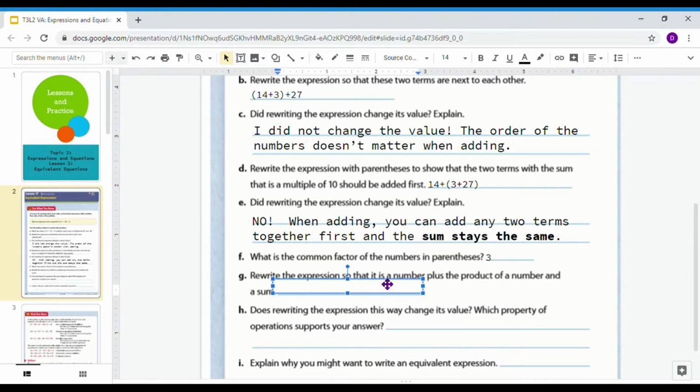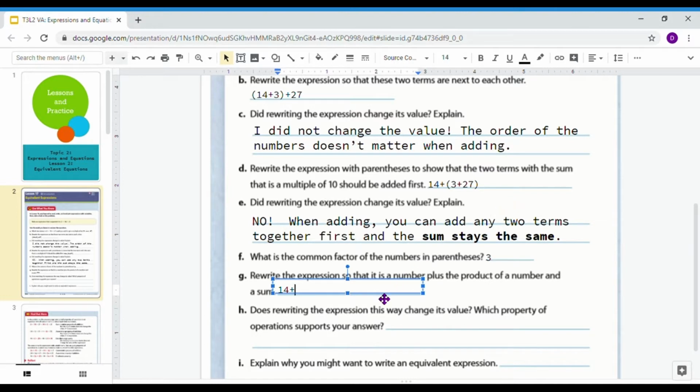I'm going to go ahead and just put 14 plus, because it is saying 100% the same. Now where they're asking me to change it is in my parentheses. They want me to do something that we kind of sort of worked on towards the end of our time in school, and that is pulling out that common factor and putting it on the outside of the parentheses, and then using the distributive property to distribute it back in and multiply it.